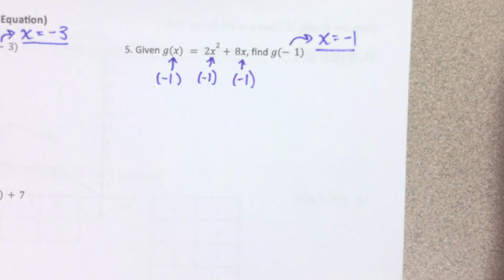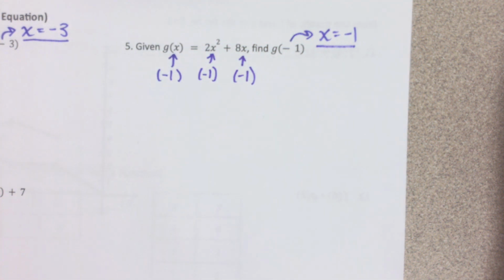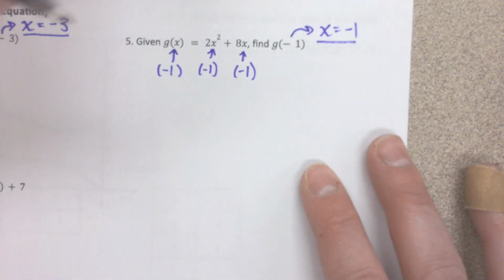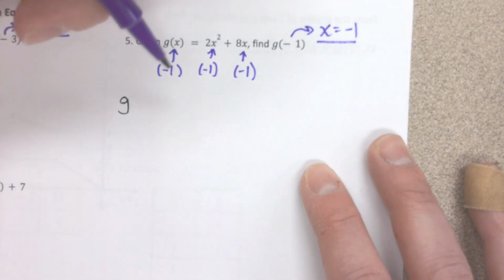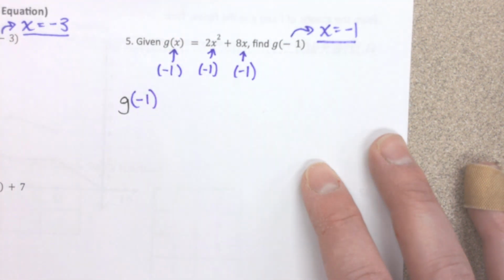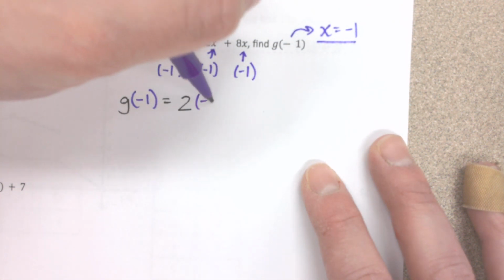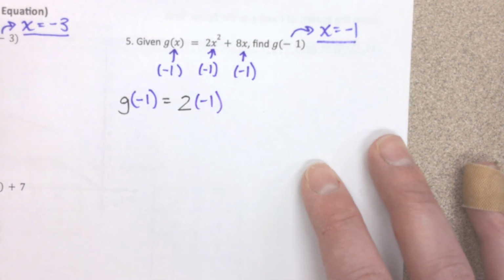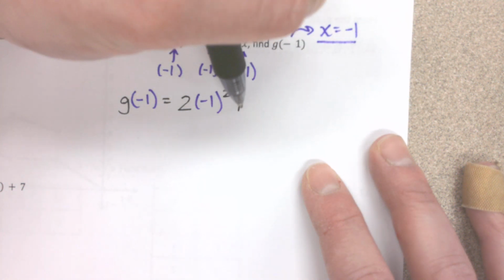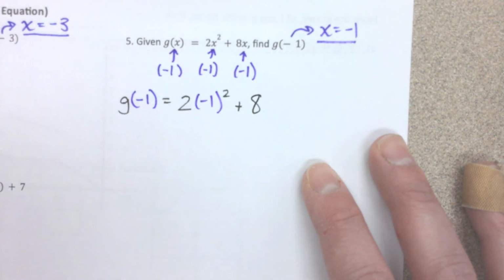And a negative 1 there. Every single x gets a negative 1. Let's rewrite it. We have g of negative 1 is equal to 2 times negative 1, use those parentheses, squared, plus 8 times negative 1.